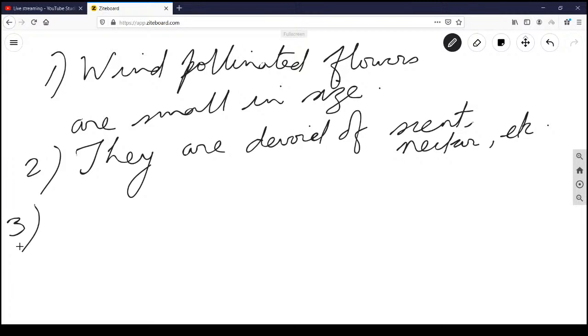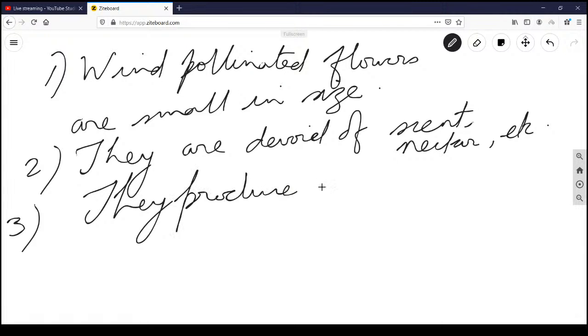There will be more and more pollen grains formed, which will increase the probability of them landing on other flowers. So they produce a large quantity of dusty pollen.